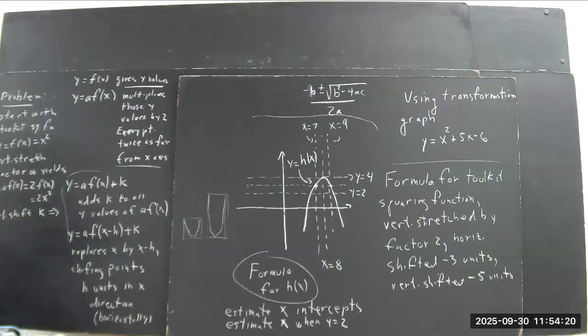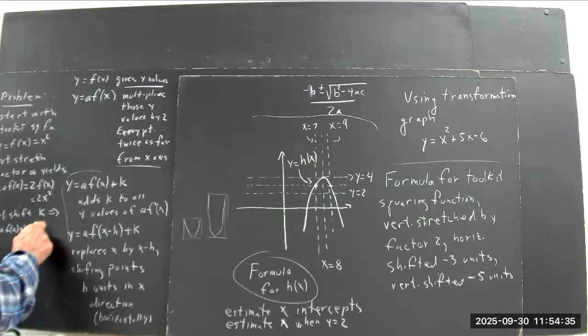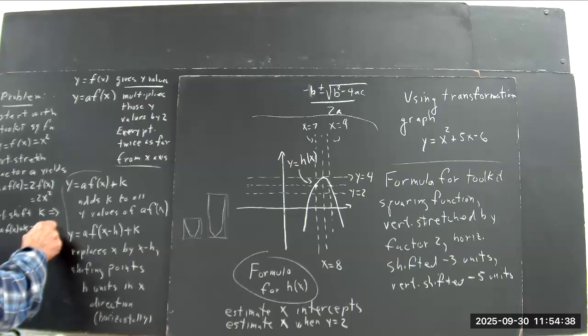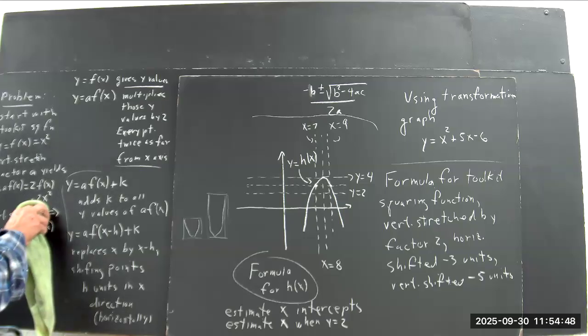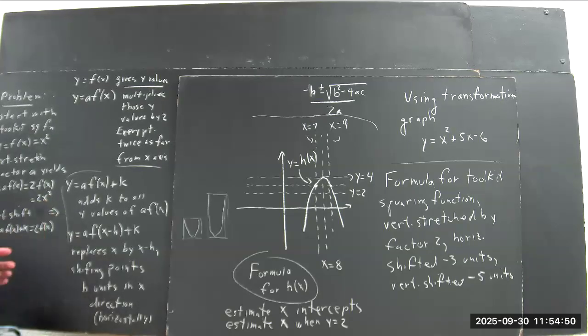Vertical shift k then implies y equals a f of x plus k equals 2 f of x. And I wanted to actually put a number in here: vertical shift -5, that's k. k is -5.